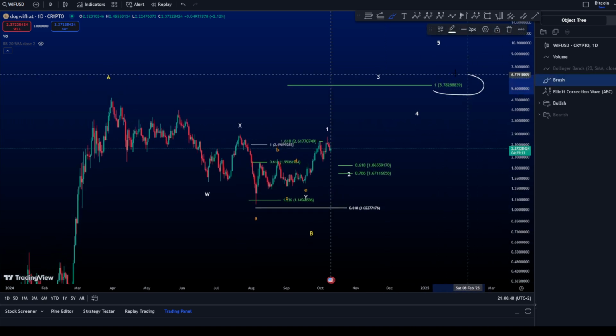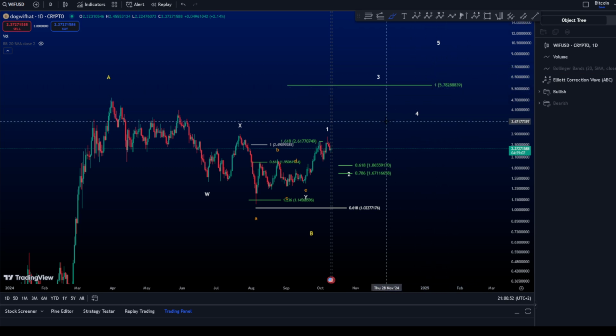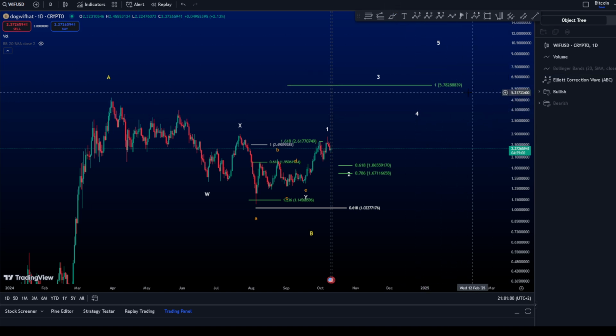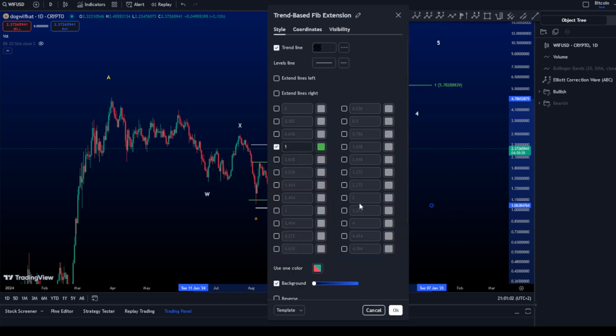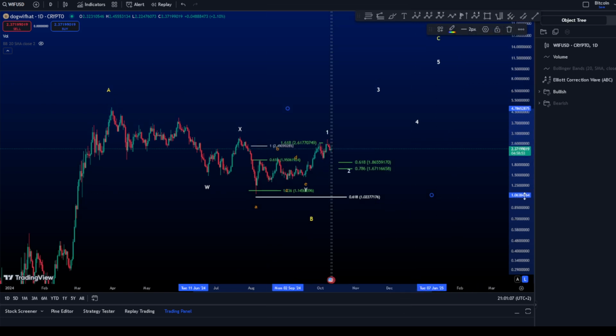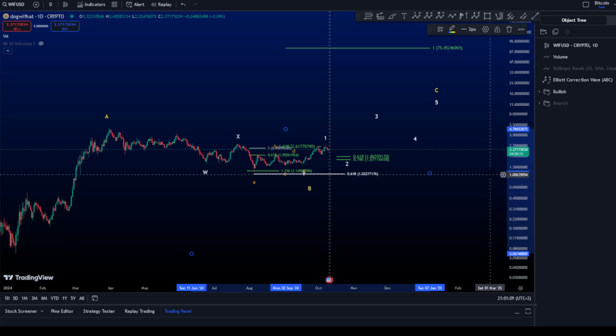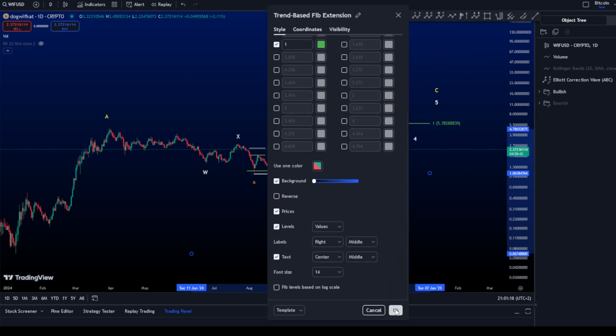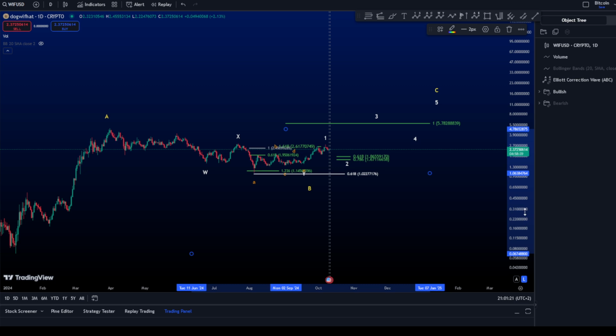Now, of course, this is not the logarithmic fib level yet. I prefer not to give it now, because if I give the fib level, it's going to be huge. Okay, guys, I'm going to show you what I mean. If I give the fib levels based on the logarithmic, you're going to see that it is $75, which is a little bit unrealistic now for WIF. And I prefer to keep the linear fib levels, even knowing that I'm using the logarithmic chart.